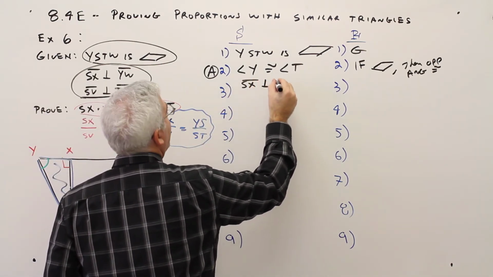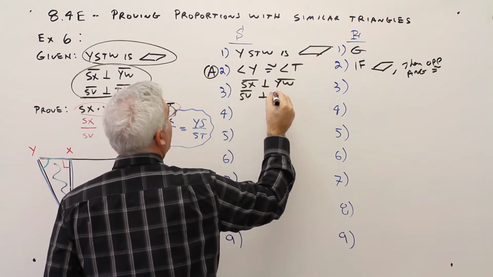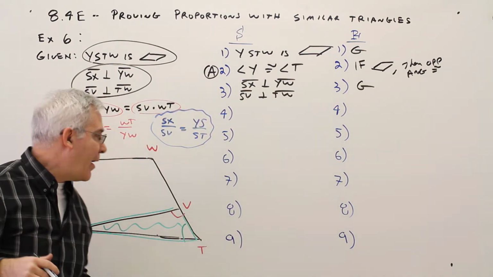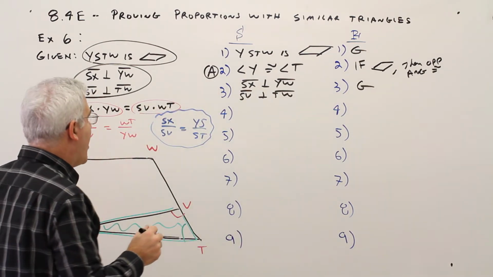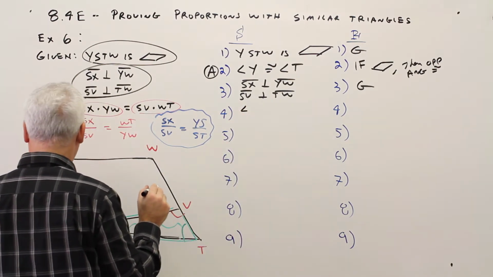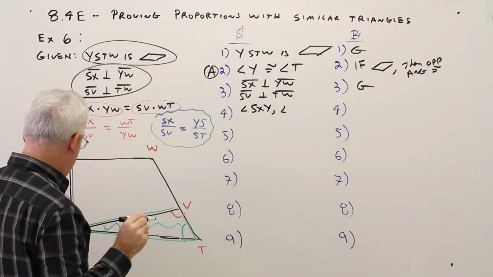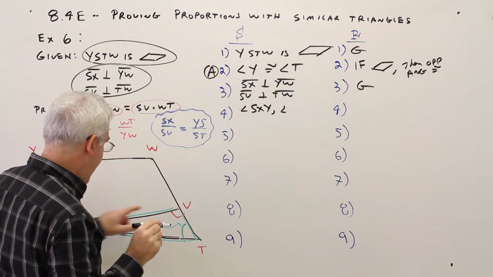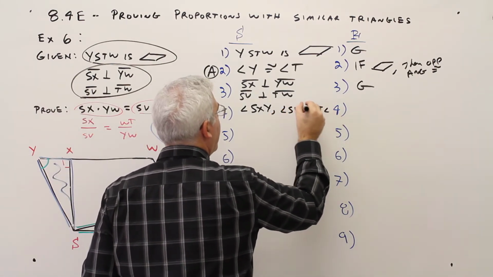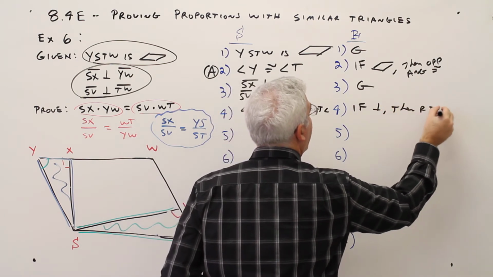SX perpendicular to YW. SV perpendicular to TW. That was given. Then I'll establish my right angles like we've been doing since week 1. Angle SXY and angle SVT are right angles. If perpendicular, then right angle.